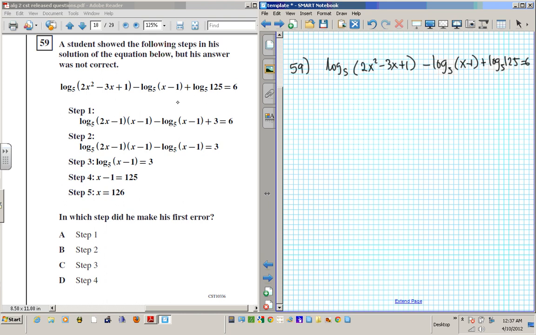So what he did first was he proceeded to factor this, okay? So he factored it, okay, that's fine. Log base 5 of 2x minus 1 times x minus 1, let's assume that he factored it correctly, minus log base 5 of x minus 1, plus.